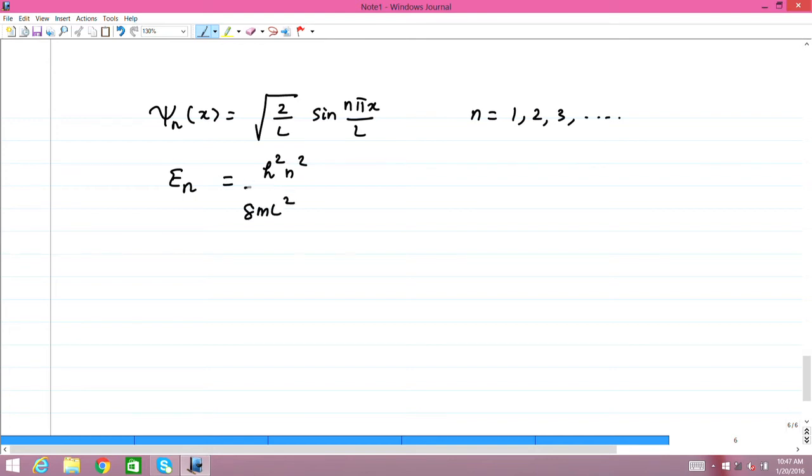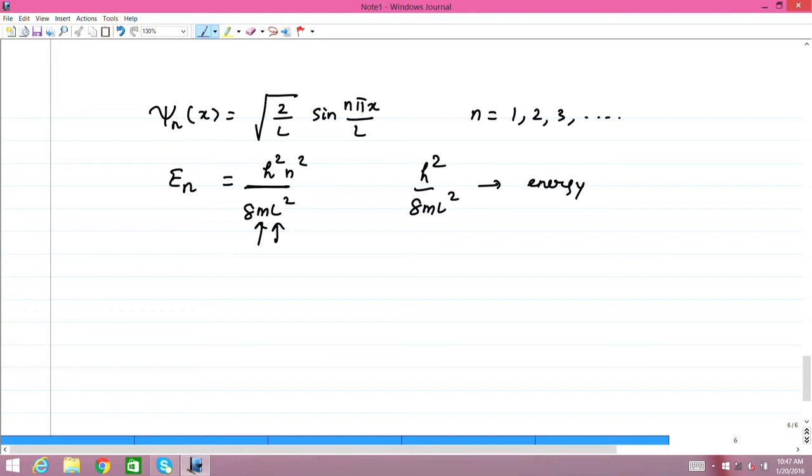So, the mass of the particle and the length of the box, which are the parameters for this particle in a box model, determine the spread of the energies and the discreteness in the energy, because h square by 8 m L square has the energy dimension.